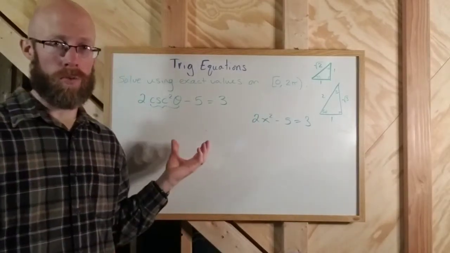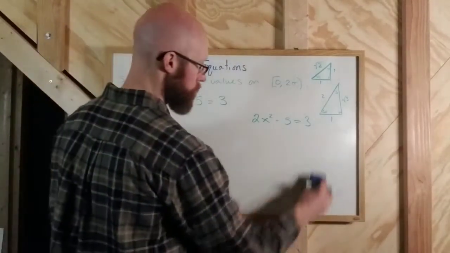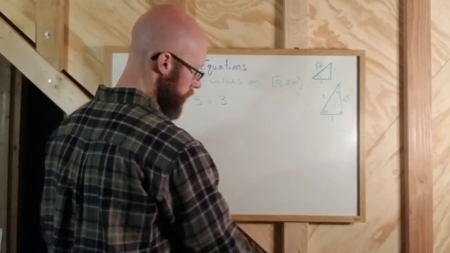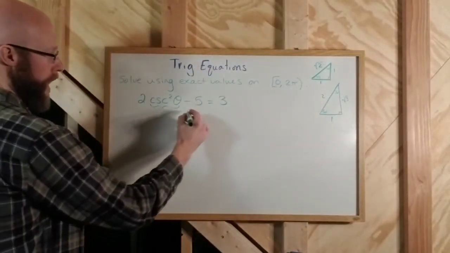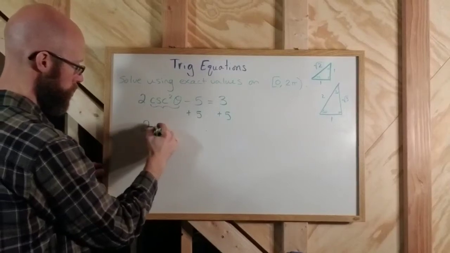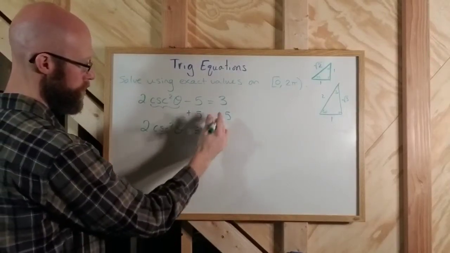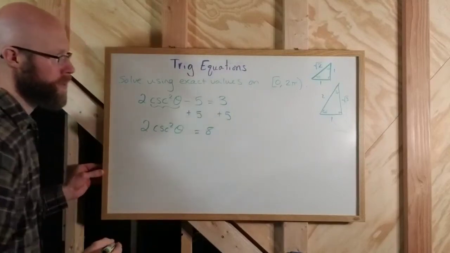Well, this is really no different. So we're going to add the 5 to both sides. We're going to get 2 cosecant squared theta equals 8, right?